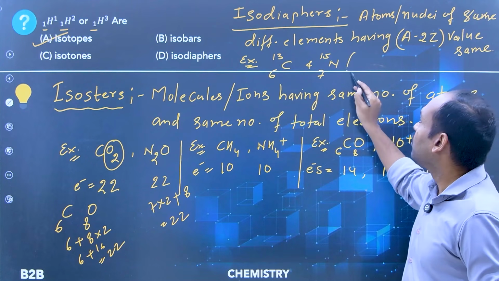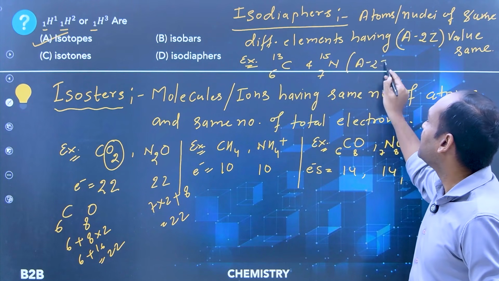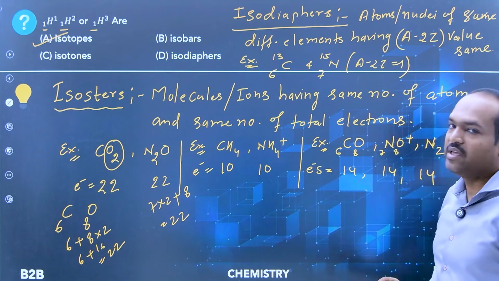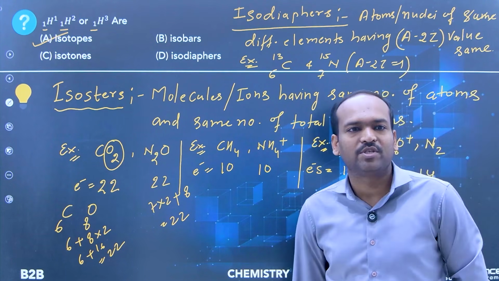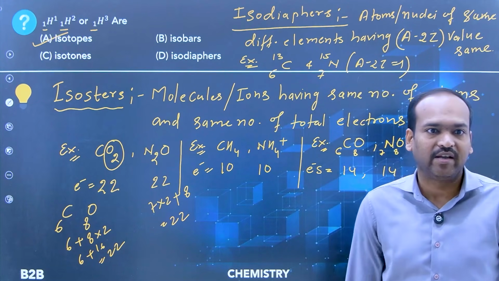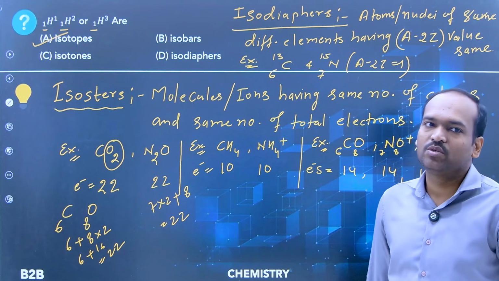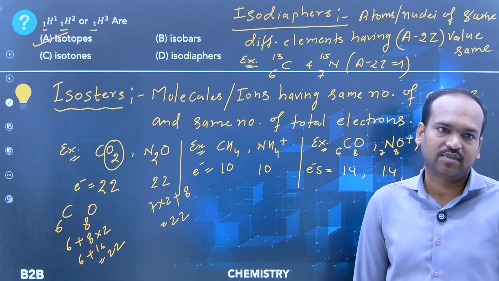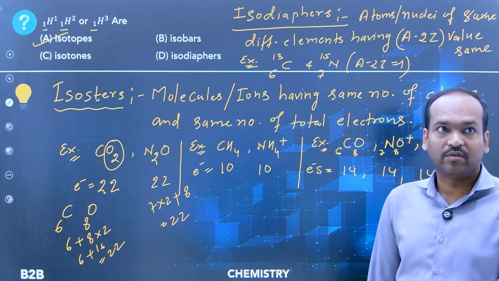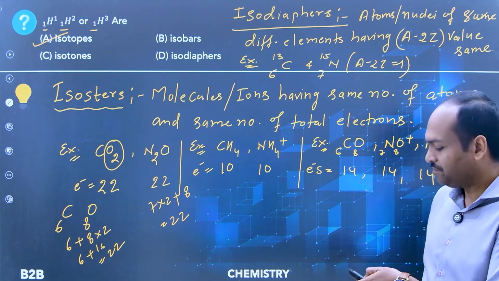So in both cases A minus 2Z is coming 1. So they are isodiaphers. We require isodiaphers in nuclear chemistry or nuclear physics, which will come in second year. Right now it's of no use, but I took it for your information. Okay, now we can start our topic.